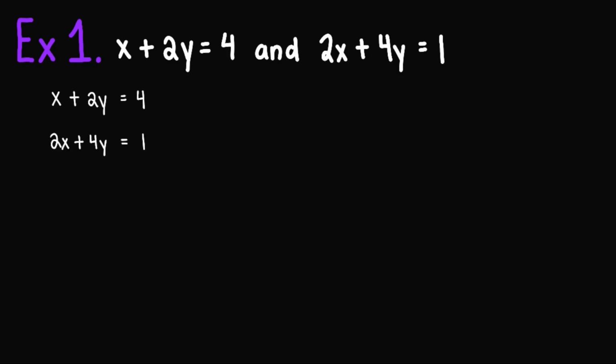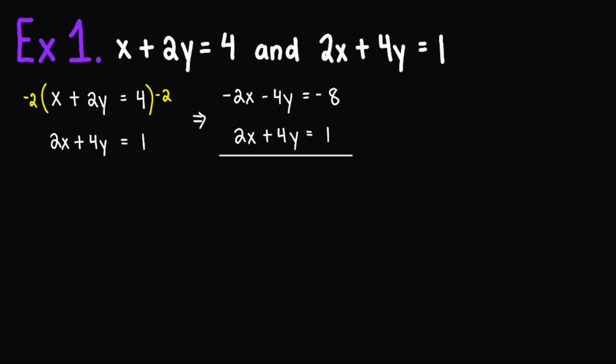So first, we choose which variable we want to eliminate. In this case, let's first try to eliminate the variable x. What we can do is multiply -2 in the first equation, so we get -2x minus 4y equals -8 and 2x plus 4y equals 1.